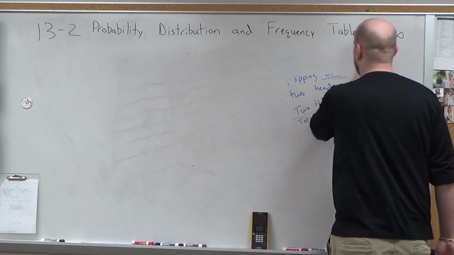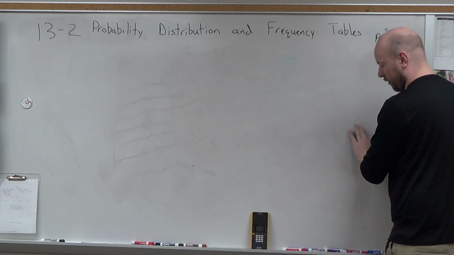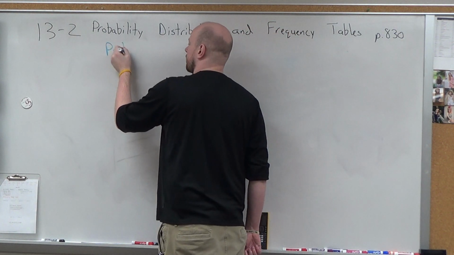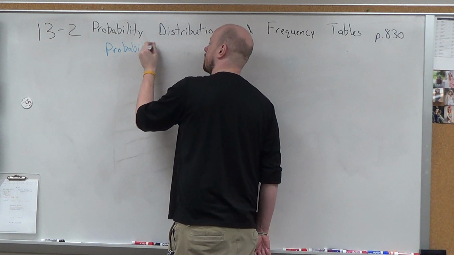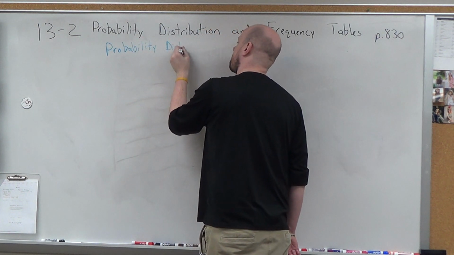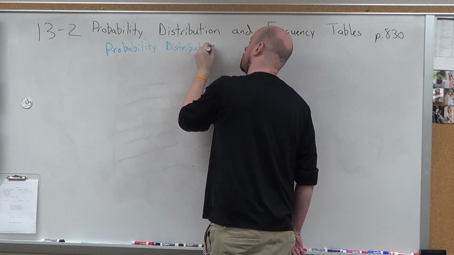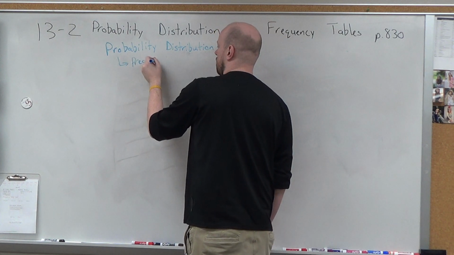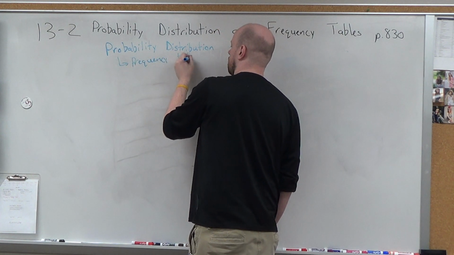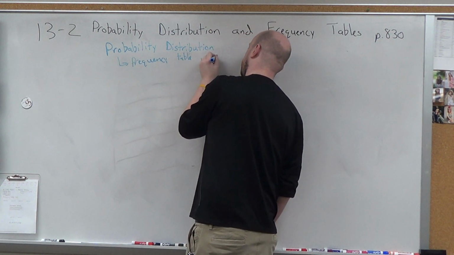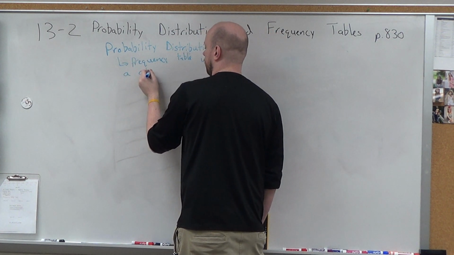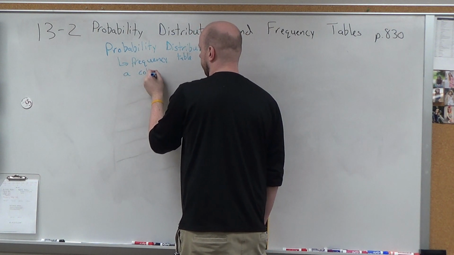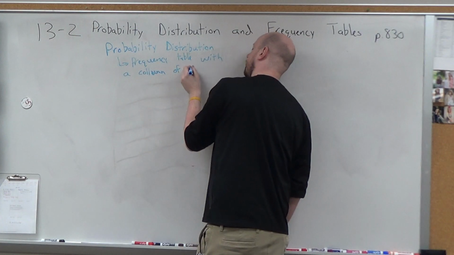The next thing I want to talk about just takes those charts and goes one step further, as I was referencing earlier. We call that a probability distribution. So, it is a frequency table with a column of probabilities.